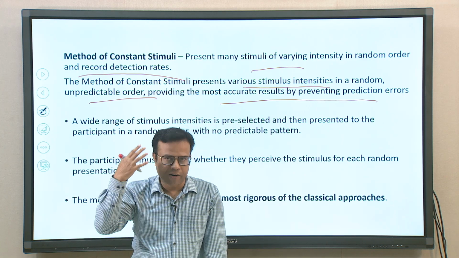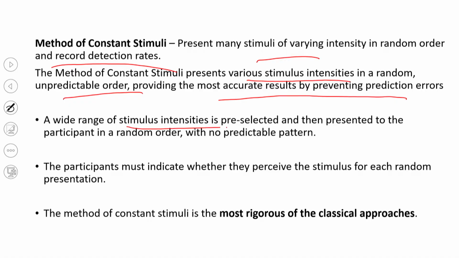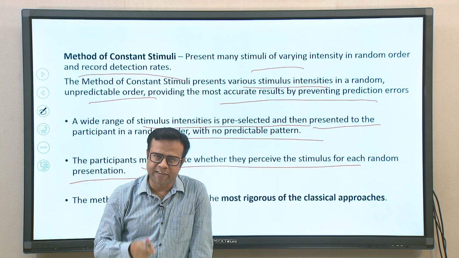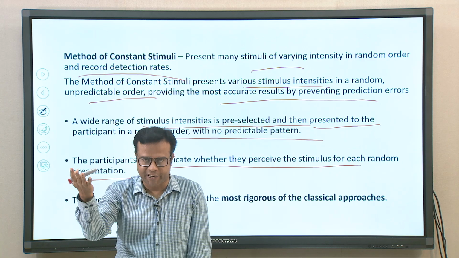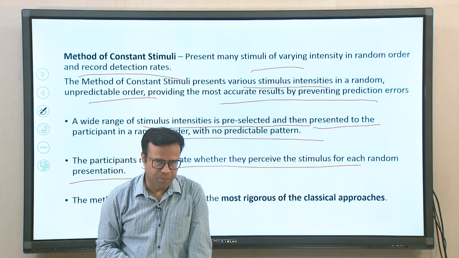So, that expectancy part is removed, which reduces the errors. A wide range of stimulus intensities is pre-selected by the researcher and then presented to the participant in a random order with no predictable patterns. The participant must indicate whether they can perceive the stimulus for each random presentation. So, every time these intensities are randomly presented, they are asked whether they can detect it or not. Accordingly, they find out the threshold and so on.